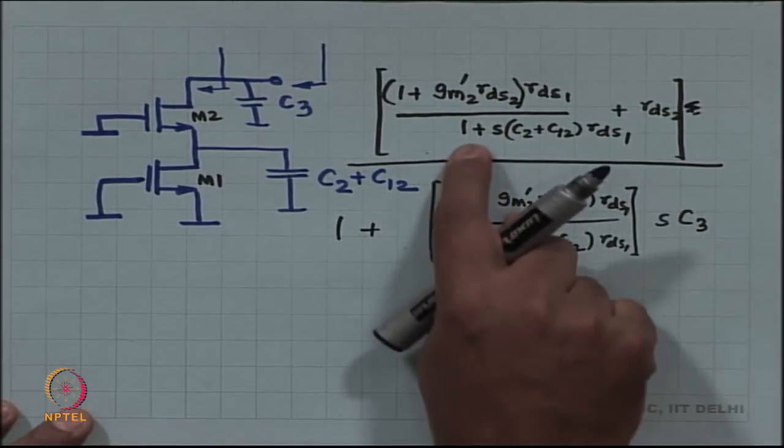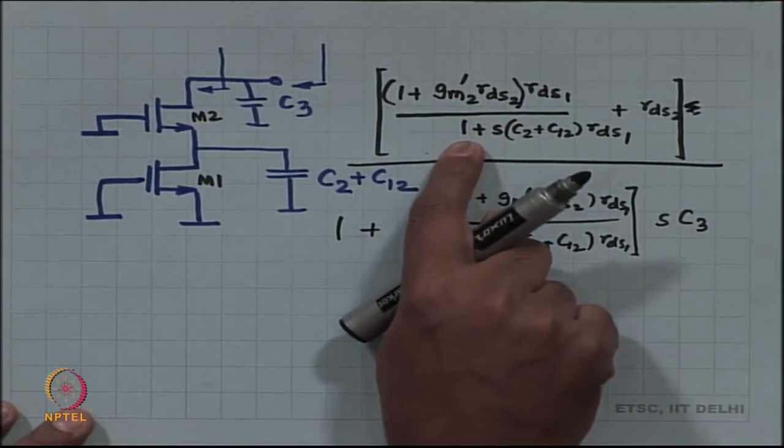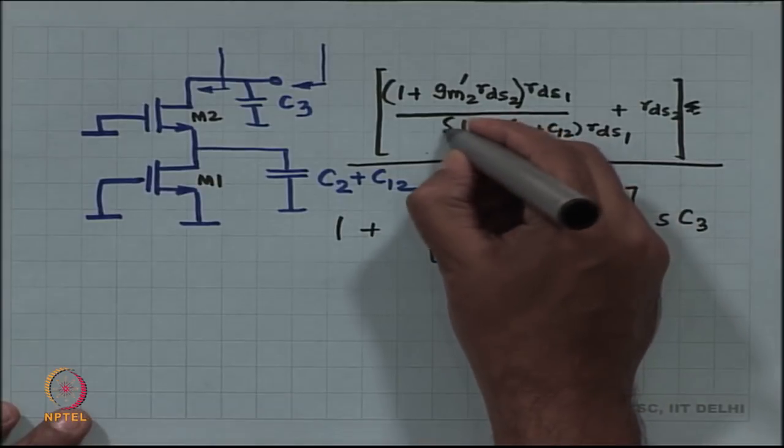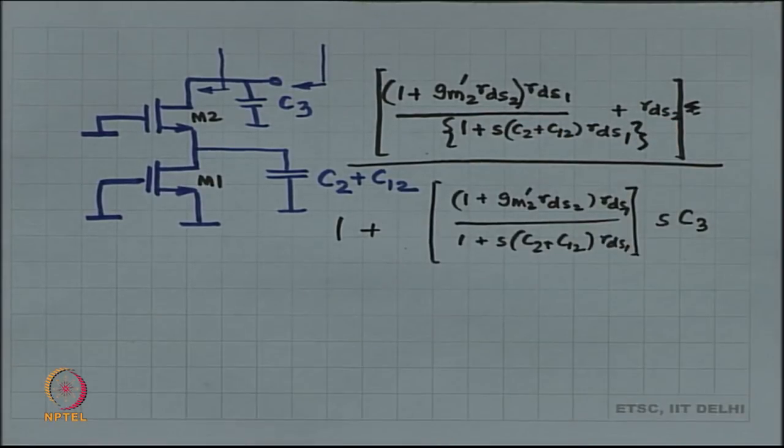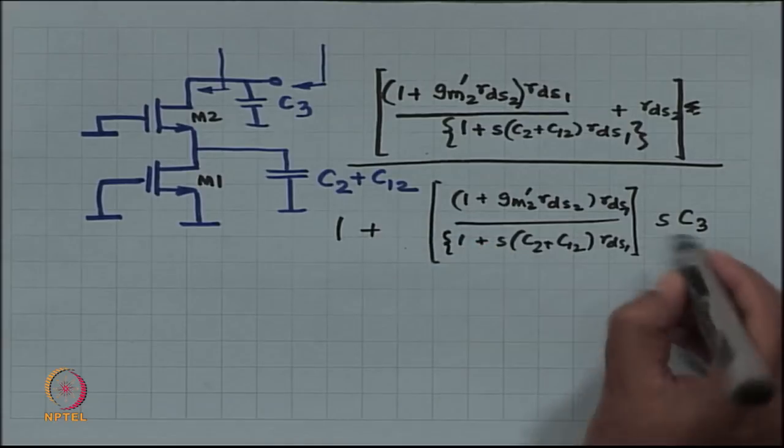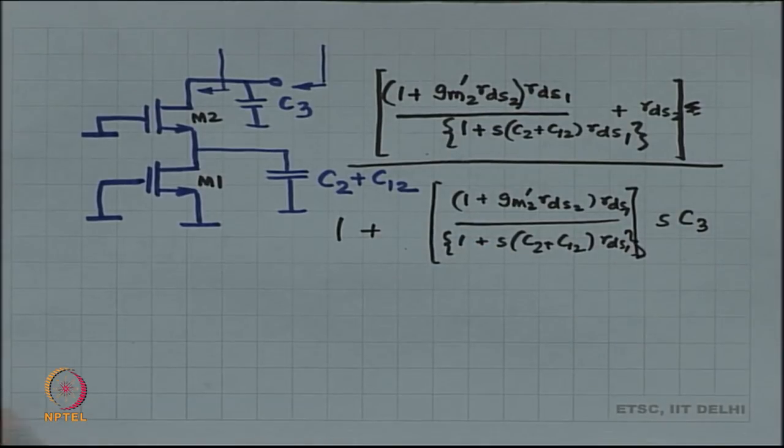Now, what do we do? First thing we can do is multiply numerator and denominator by this portion, okay, by this portion. Fine.